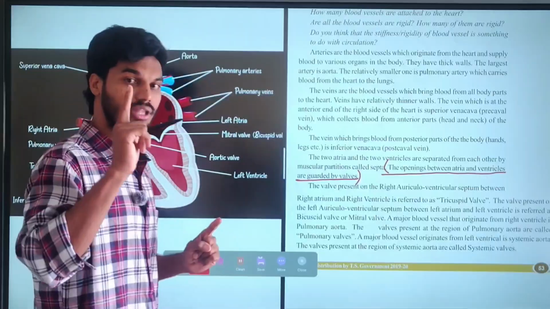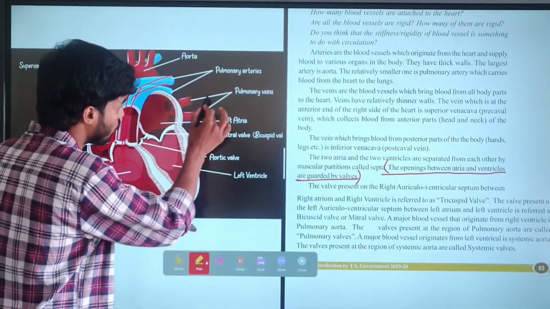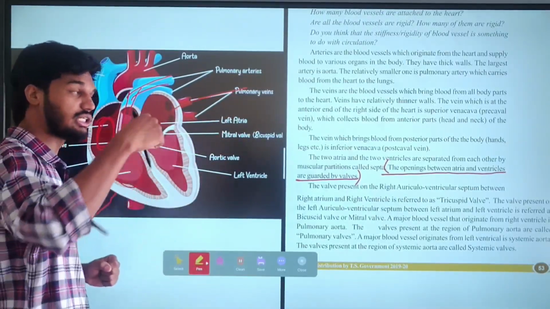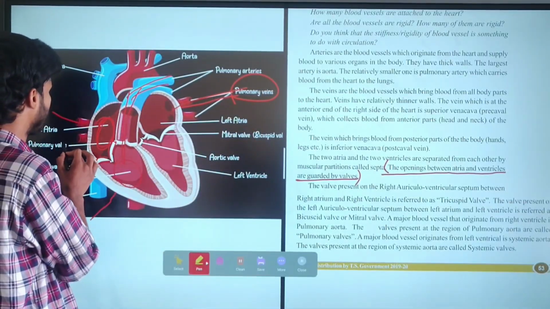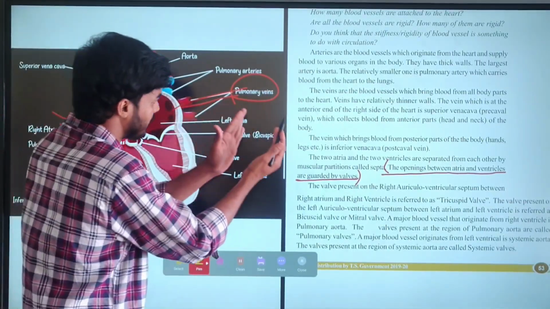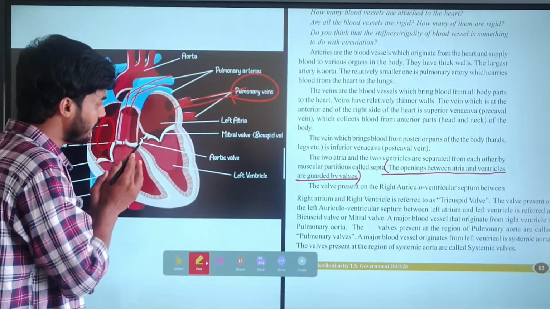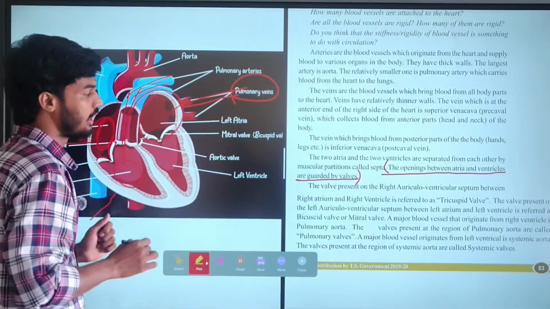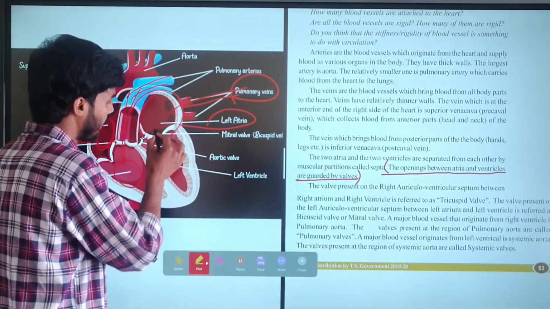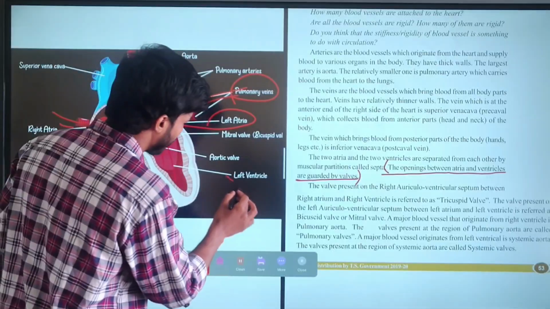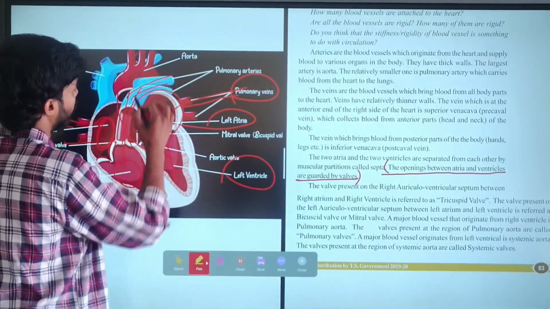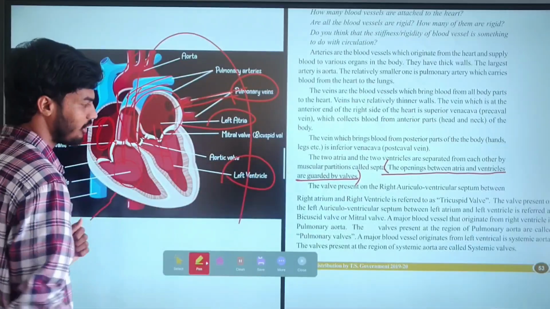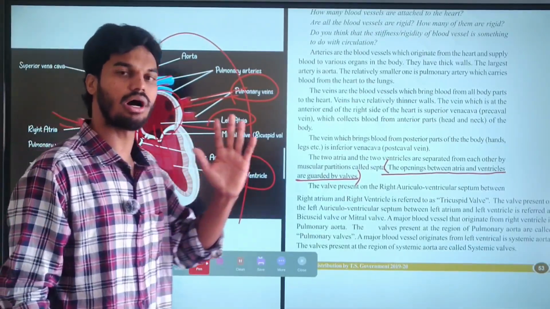After filtering, the blood enters the heart through the pulmonary veins, from the right side and left side. After entering, it enters the left atrium and travels to the left ventricle. Then it travels into the aorta. From the aorta, it transports the blood to all our body parts.